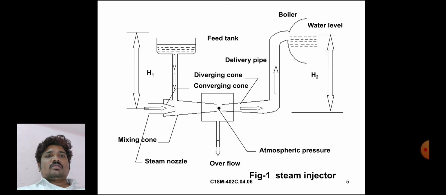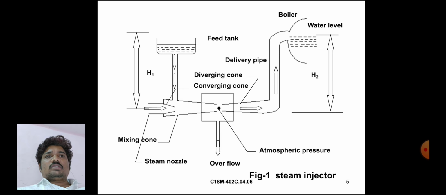The steam injector is shown in this figure. This component has enthalpy H1. The components are the feed water tank, delivery pipe, diverging cone, converging cone, mixing cone, steam nozzle, overflow, and atmospheric pressure.